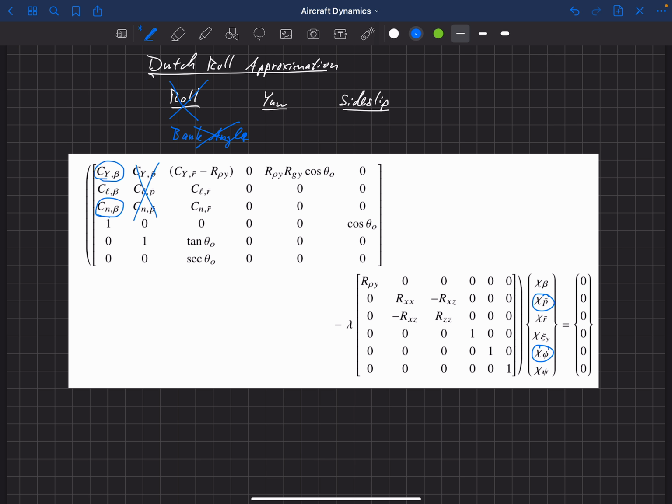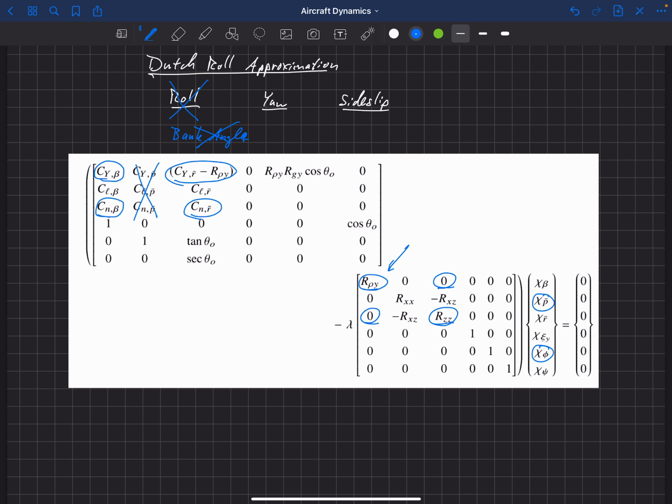So we have the CY beta, the CN beta, so that's the dependency on side slip. We have this term here that's dependent on yaw rate, so we've got the side slip and the yaw in there. And then the components in this matrix that correspond are these, so it depends on the inertia about the z-axis here, as well as this ratio there.